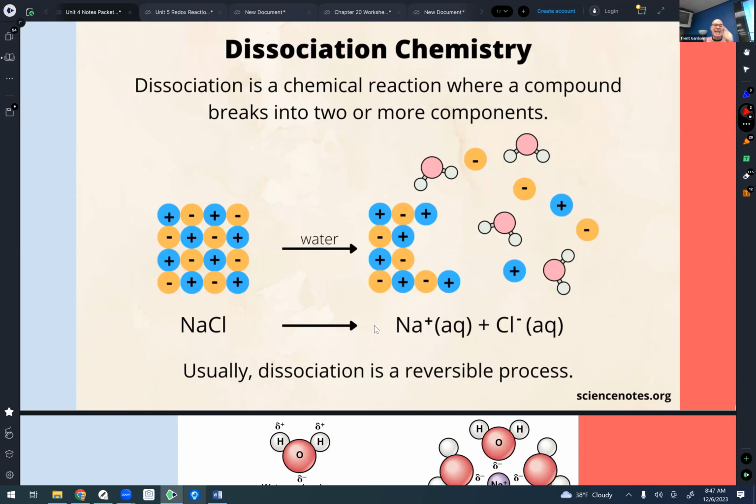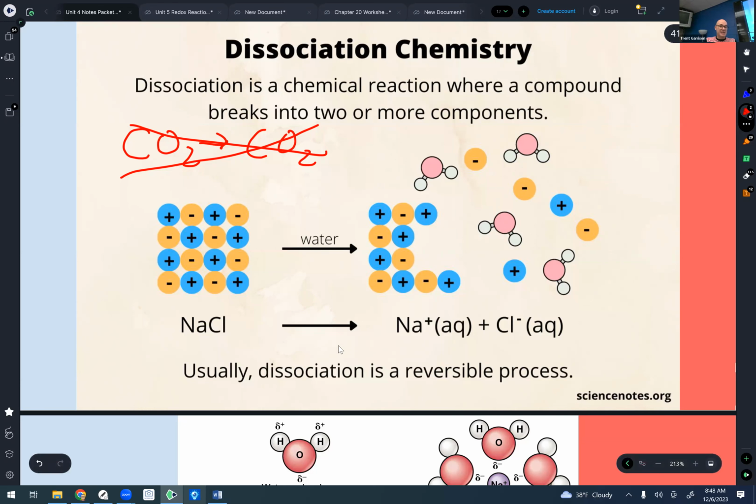So I can't take carbon dioxide and dissociate it because it's not ionic. It's 2 nonmetals, so it does not dissociate. It has to be an ionic material, a metal and a non-metal, a positive and a negative, and they are going to split apart into those constituent pieces. It also has to have the presence of water.